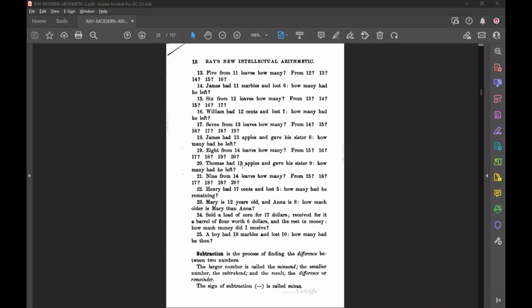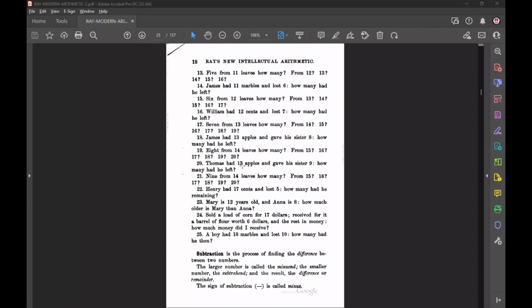The remainder. Okay? So, in a subtraction question, what is the name of the larger number? It's right there in your lesson. I'm not asking you to figure something out from outer space.